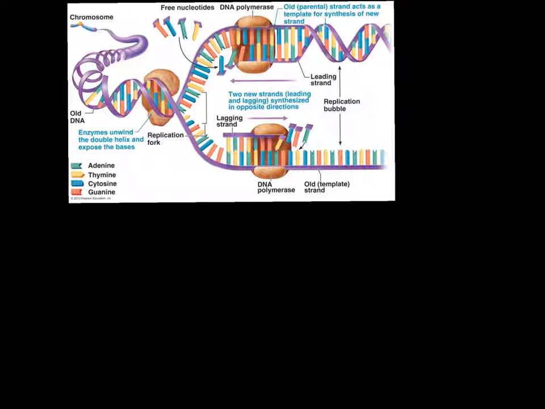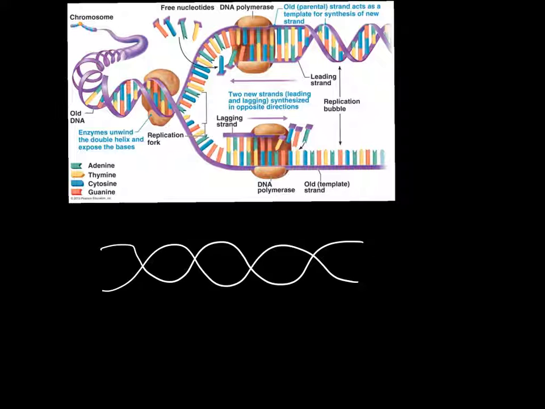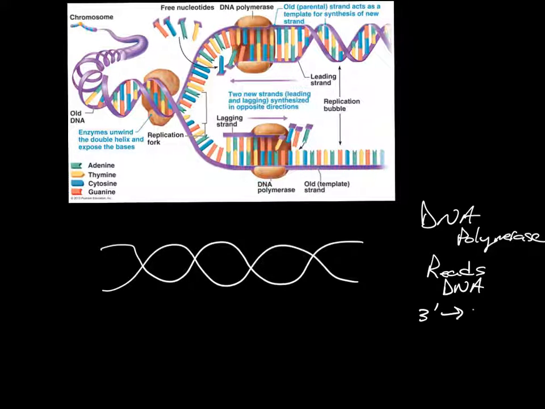Well, the problem is that DNA polymerase, the molecule that puts these two molecules together and makes the new strand, can only read the DNA from 3' to 5', and it makes it 5' to 3'.